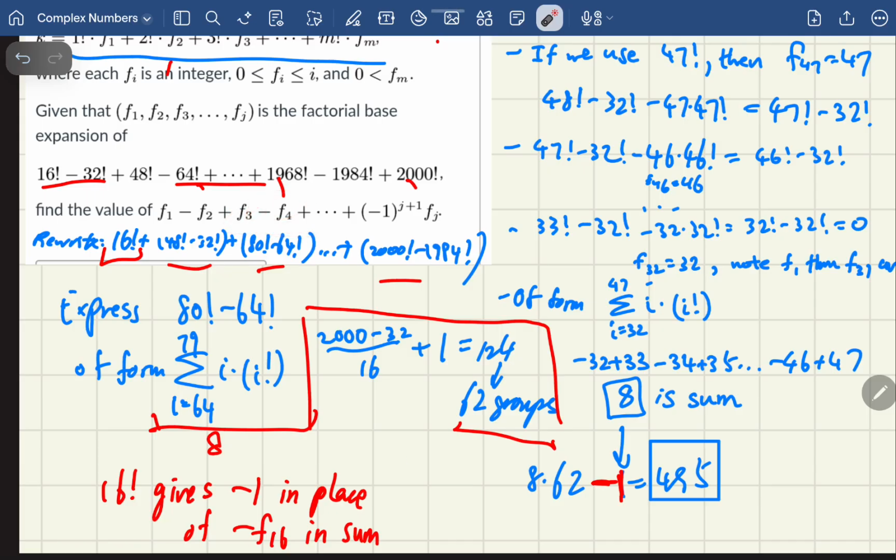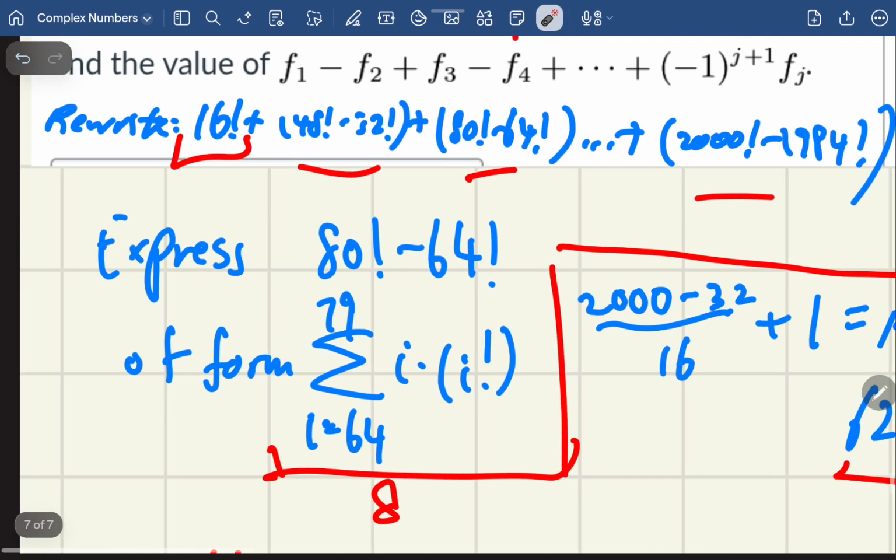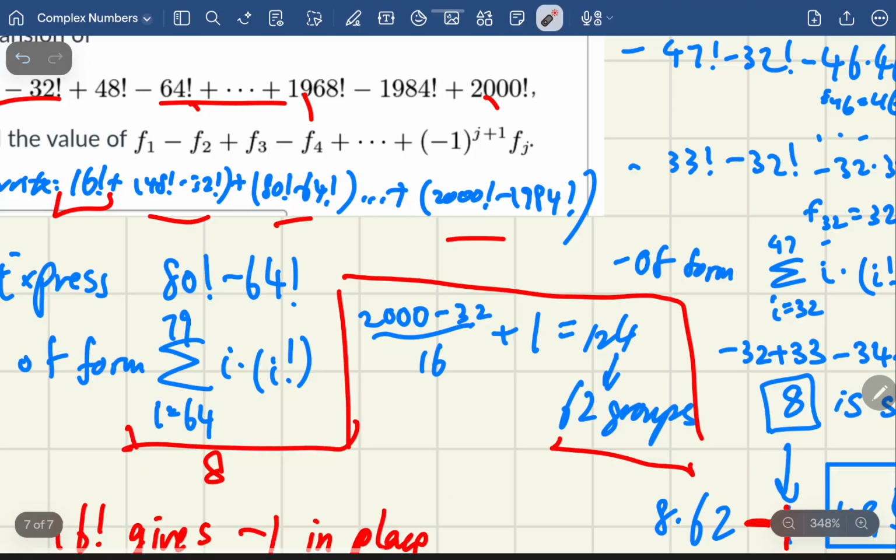So for example, F47 is 47 here, and there's no other contribution of 47 factorial anywhere else, because these are way greater than 47. They're from 64 to 79. And so you won't get any overlap, and each group will have a sum of 8, which is nice.